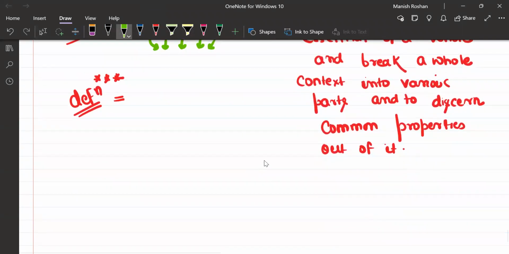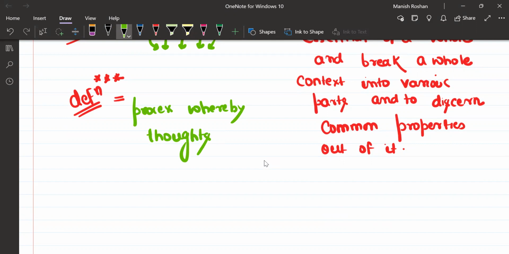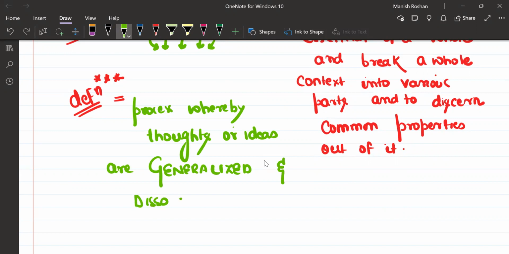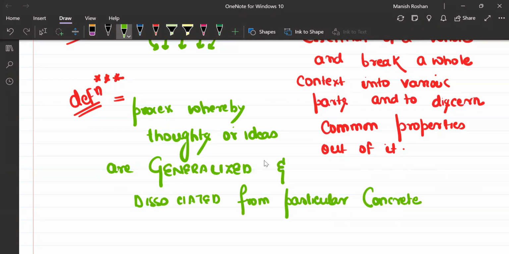In the definition that has been given in the table, the definition says that it is the process whereby thoughts or ideas are generalized, that is the first important thing, generalized and dissociated from particular concrete instances.